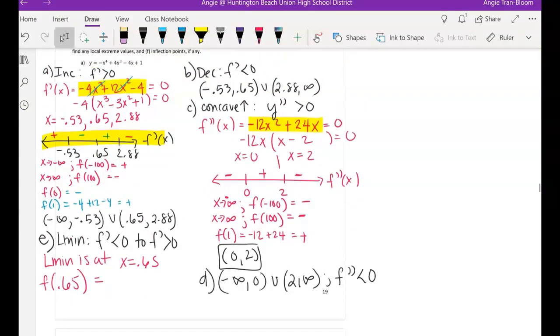All right, negative x to the fourth, so I need to plug in 0.65, and then plus 4 times 0.65 raised to the third, minus 4 times 0.65, then plus 1.